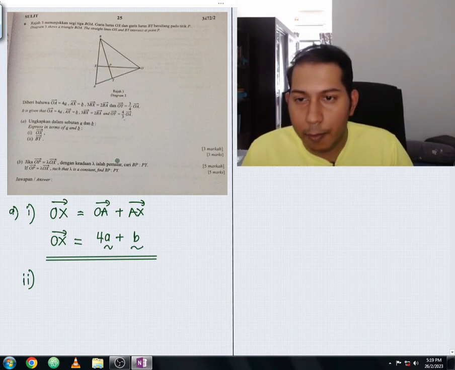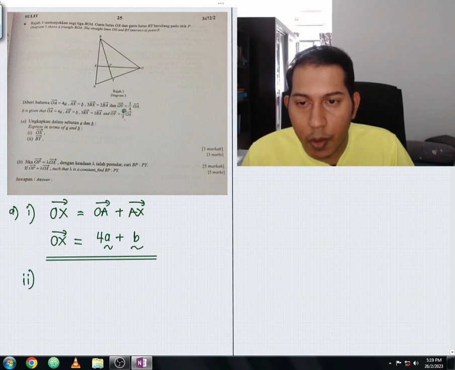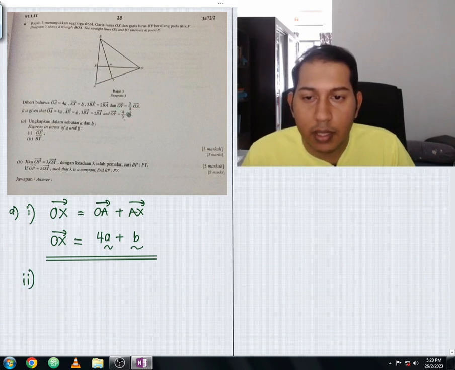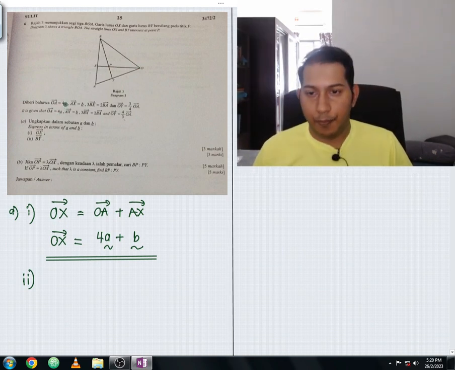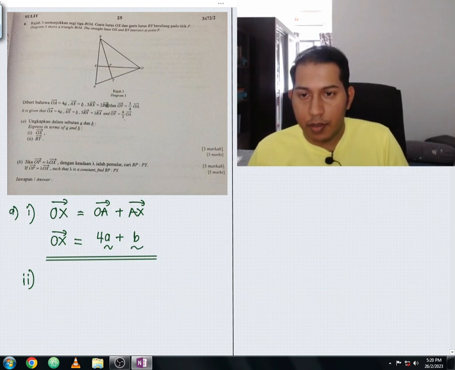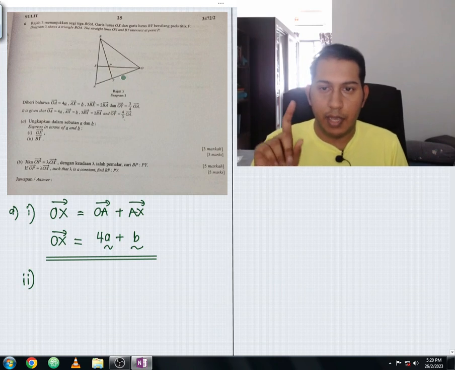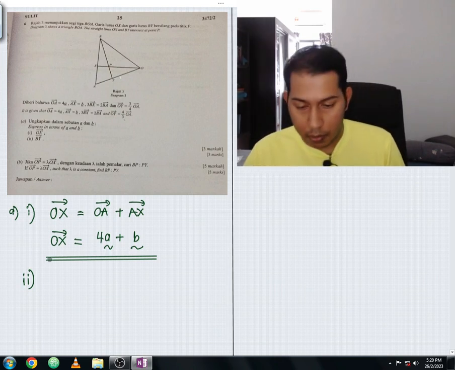Okay, so from here in the question over here they already gave us that vector OY is equals to 3 over 4 times with the vector OA, and they already gave us that vector OA is equals to 4A. Okay, so from here we can use the information to find the vector OY. So our very first step is by finding the vector OY. Okay, so from here vector OY is equals to 3 over 4 times with the vector OA.